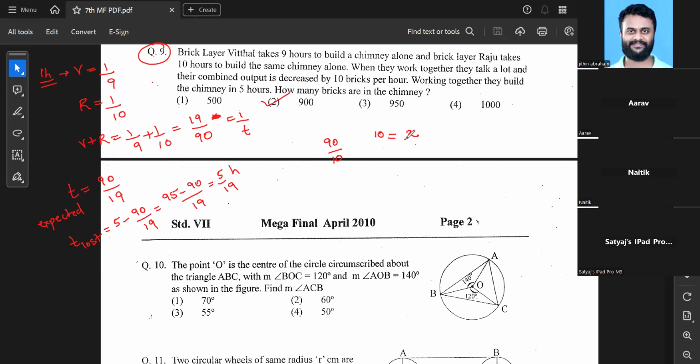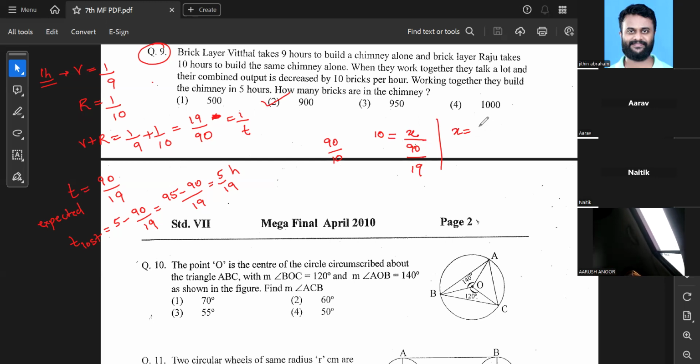X upon 90 by 19. So that gives the number of bricks divided by decreased. Okay.